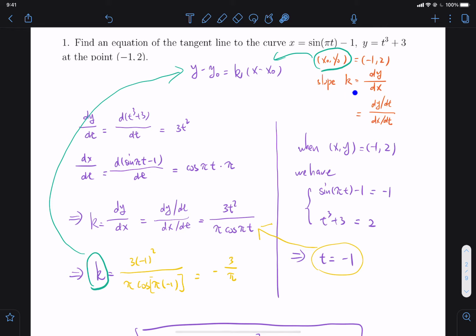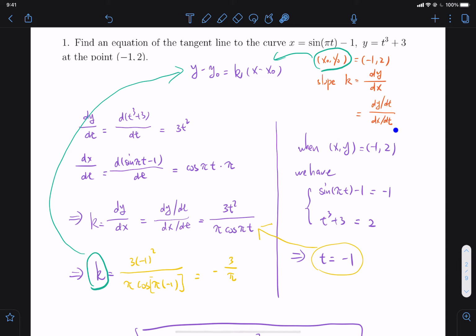And for the slope, it's defined by dy over dx. But in this case, we're gonna use the parametric form. Instead of dy over dx, we use dy/dt divided by dx/dt. That means we need to find dy/dt and dx/dt respectively.